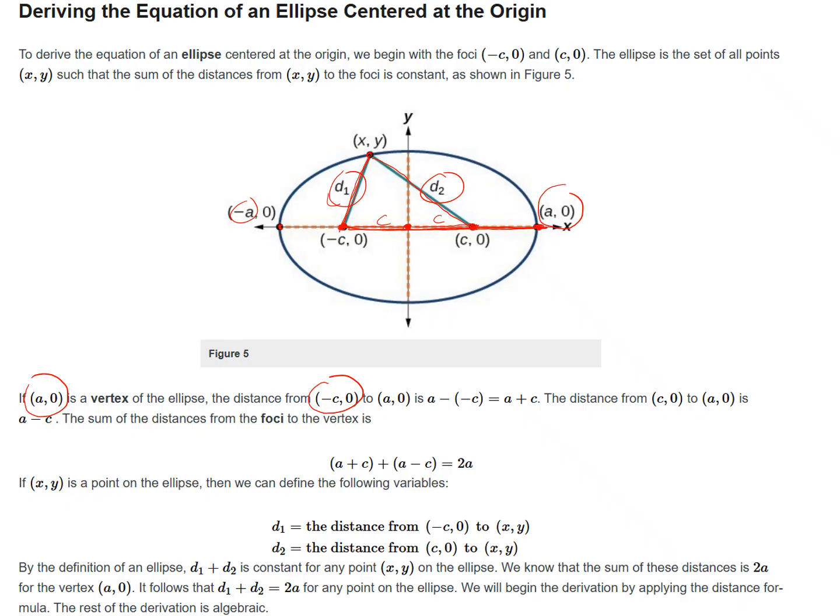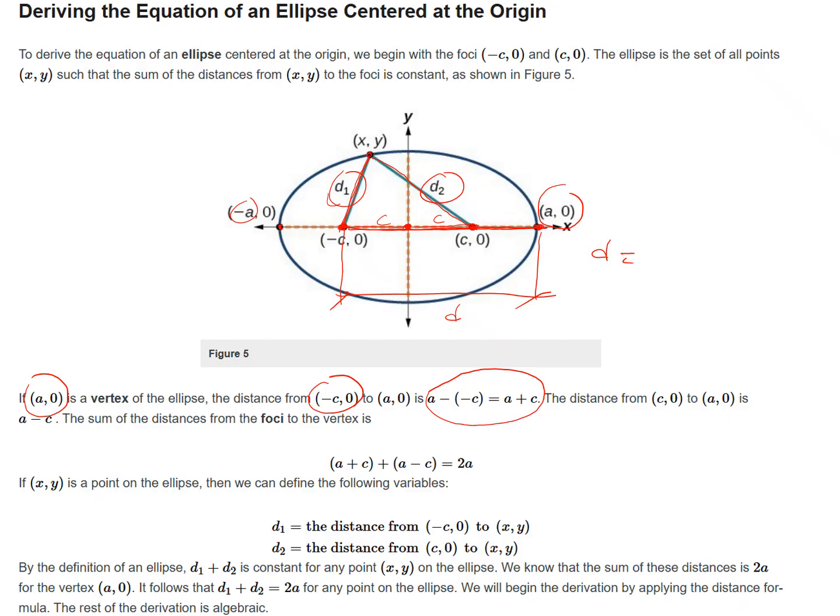So from c, 0 to a, 0 is this one, which is equal to a plus c. So this is just the distance between two points. If you say, for example, calculate this one, you call this d. So d is simply the distance between two points. So we have x2 minus x1 if you consider this as x2 minus x1.